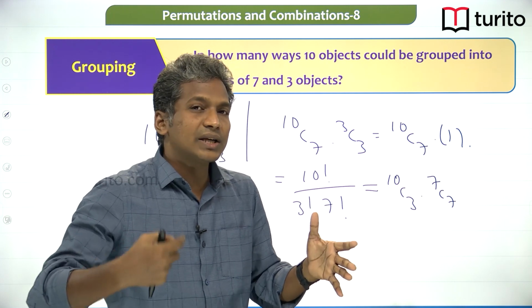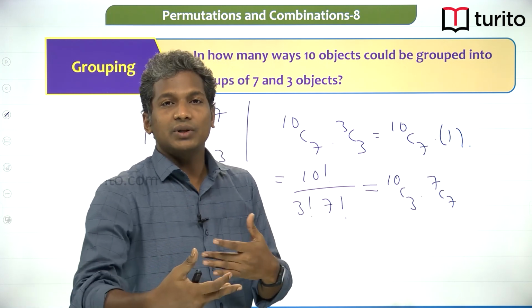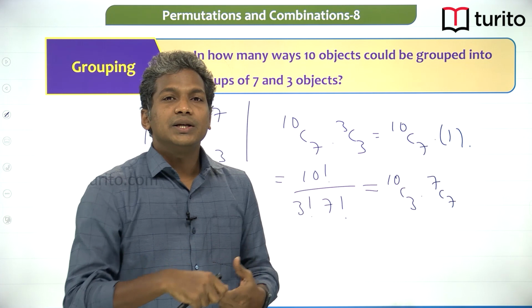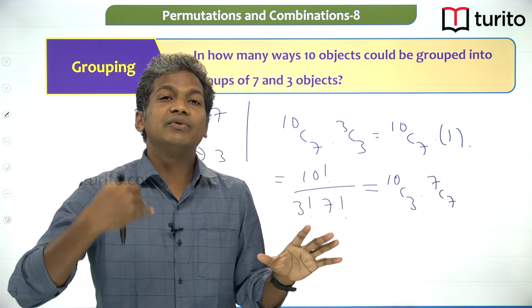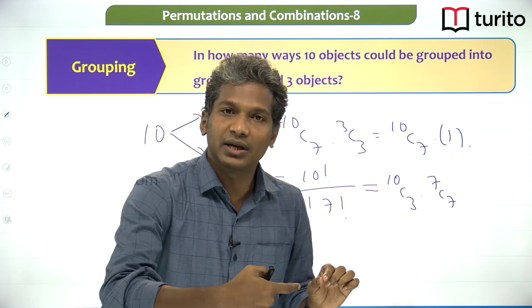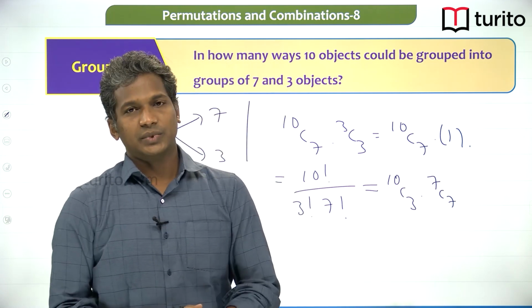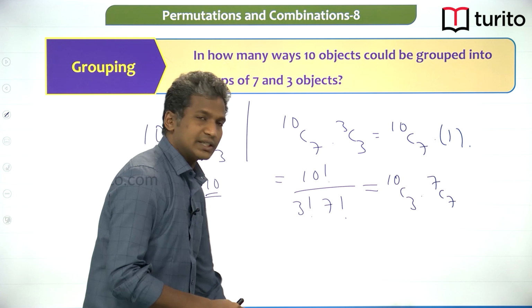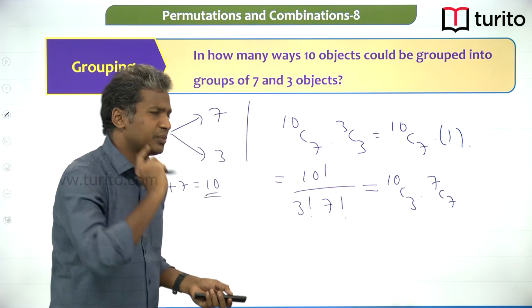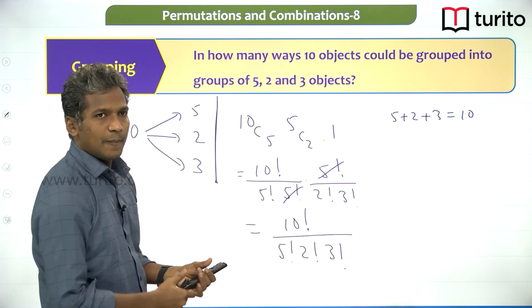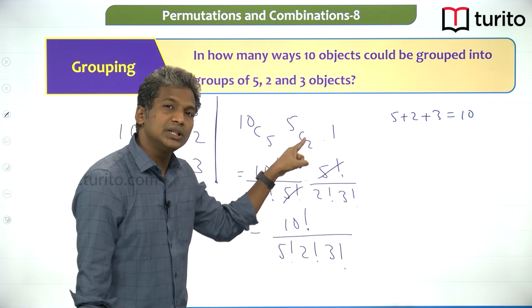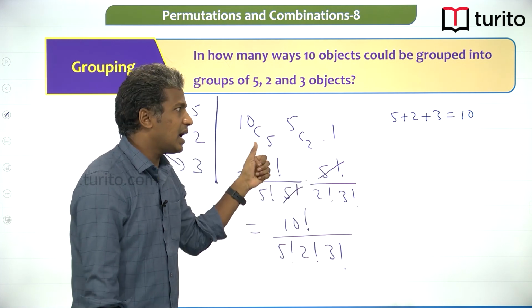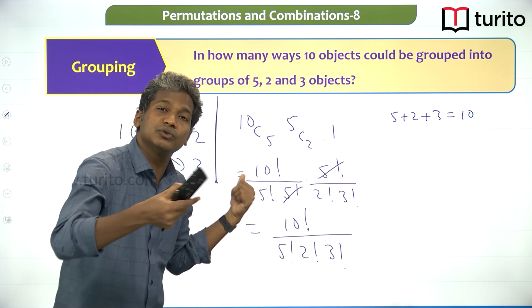Now what is it actually telling you? It is telling you that while grouping, your order of grouping does not matter. No matter in which order you group it, it's going to be the same number. Now if we do it for the next question also, we are going to end up with the same number. For example, here I first formed a group of 5, then a group of 2, then a group of 3. Let's say I chose to form a group of 2 first.